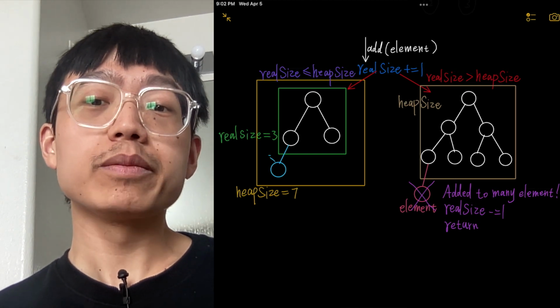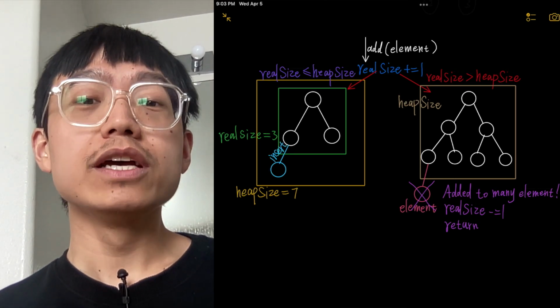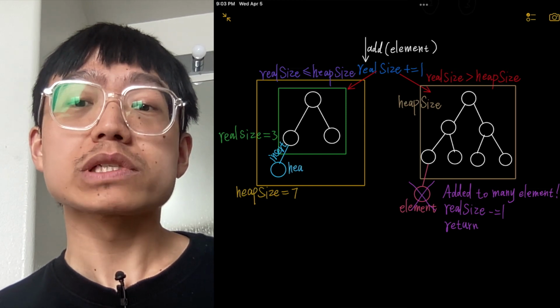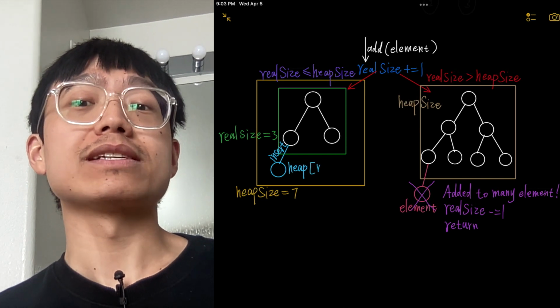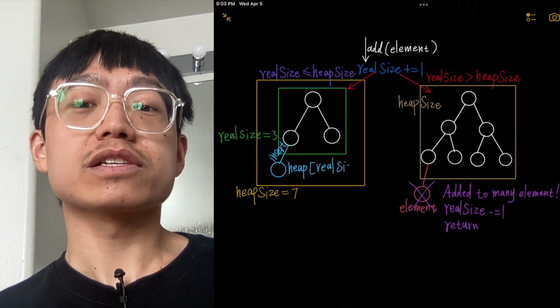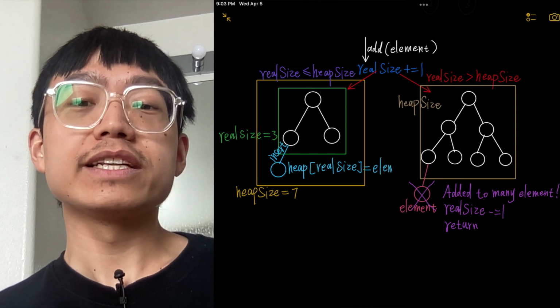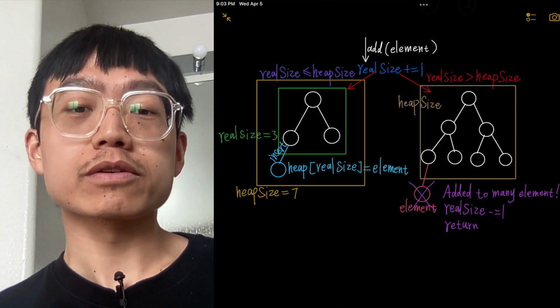Since the heap is a complete binary tree, the new element must be inserted at the leftmost available position in the lowest level of the tree. In this array representation, this corresponds to the position indexed by self.real_size.